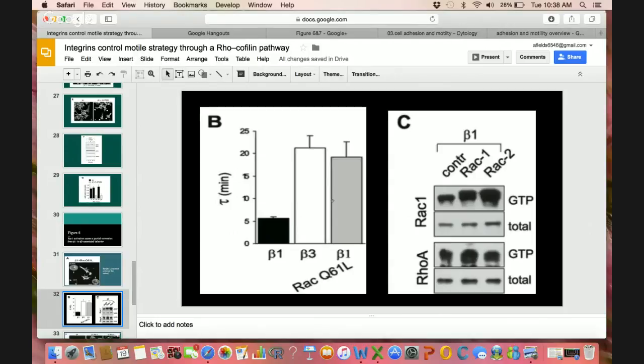So that is to say that there is no change.